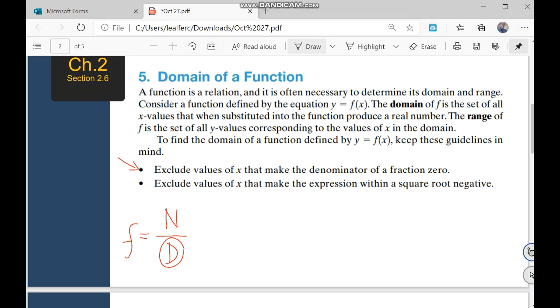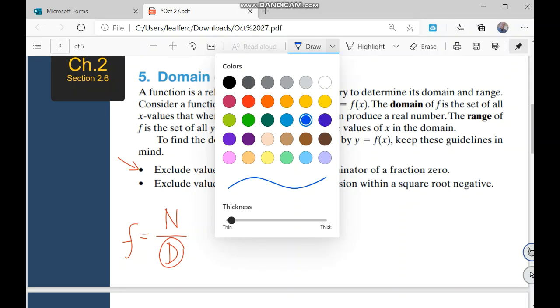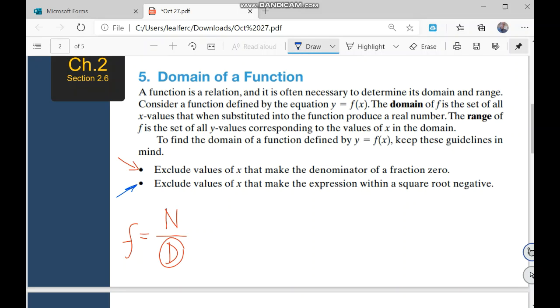Another situation is when you have square roots. If you have a function equals the square root of something, this something here is not supposed to be a negative number, because if it is a negative number, there's no real solution.